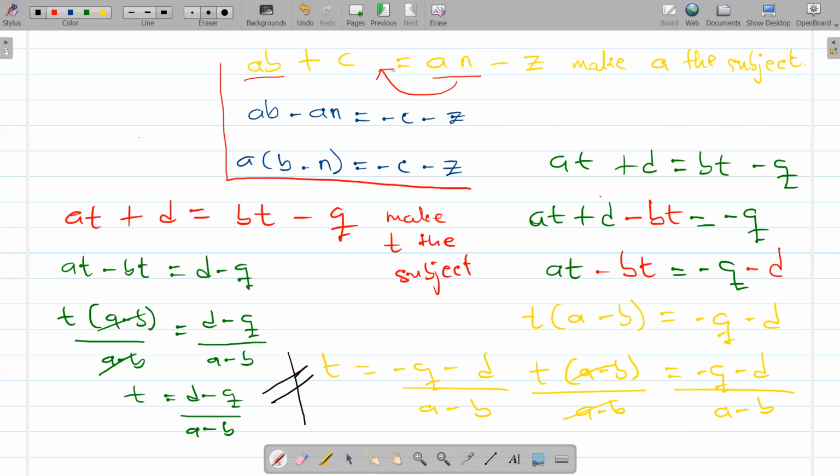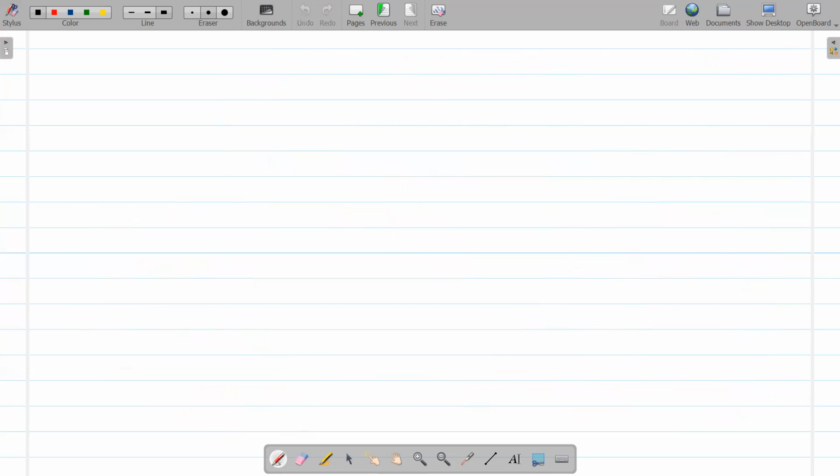So let's look at another example. Let me add another page. So let's look at R kill plus, let's say, AC is equal to, let's make it Z kill plus RT.